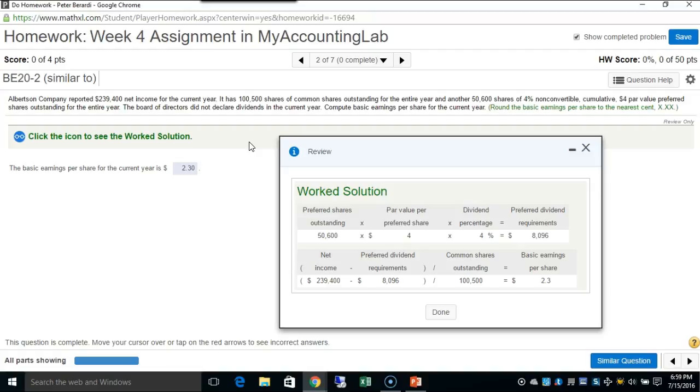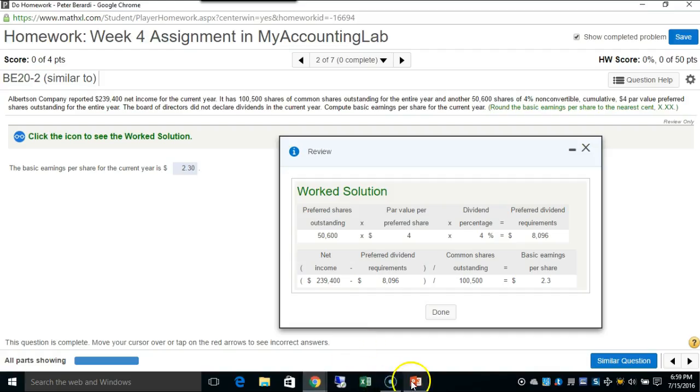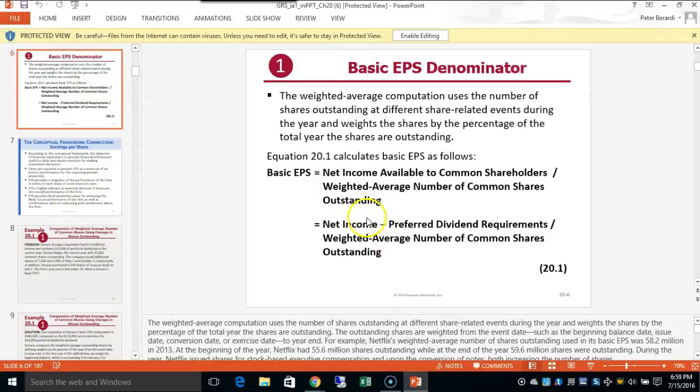What's missing in this problem that you usually get as a given is the dollar amount of the preferred shares. So the problem wants you to calculate the value of the par shares on the balance sheet so that you can figure out the dividend requirement. Because as you know, dividend requirements come off net income in the numerator for your basic earnings per share.